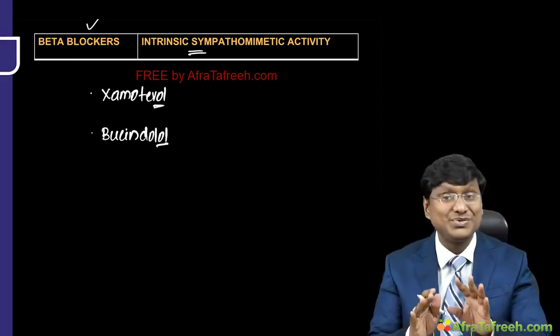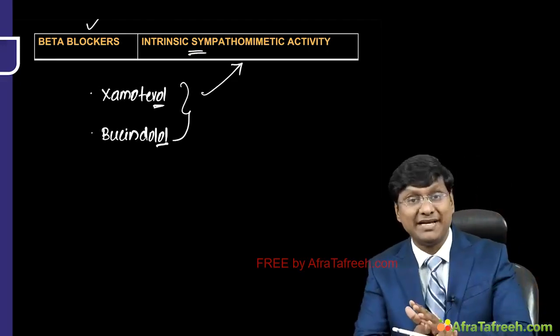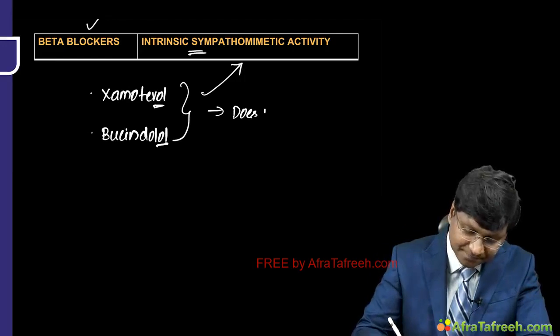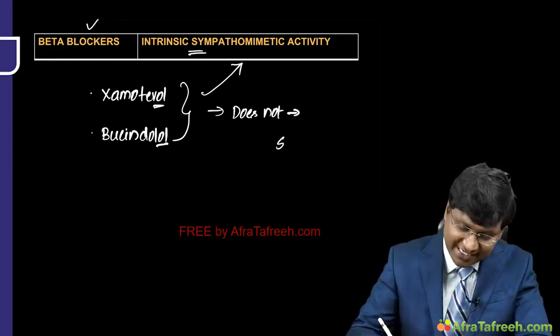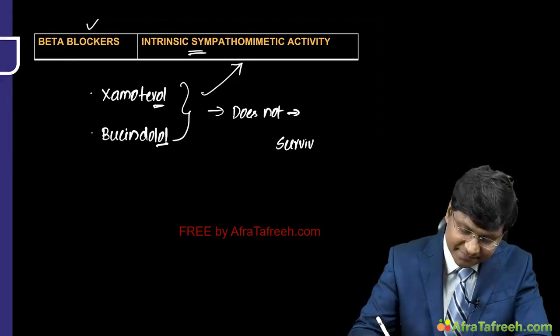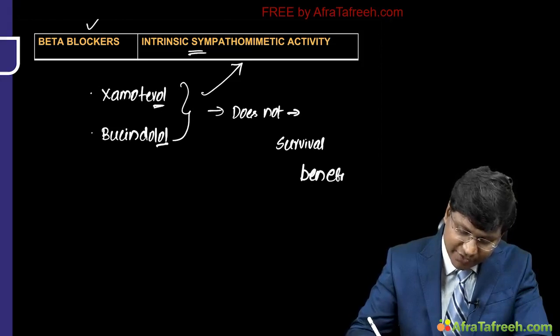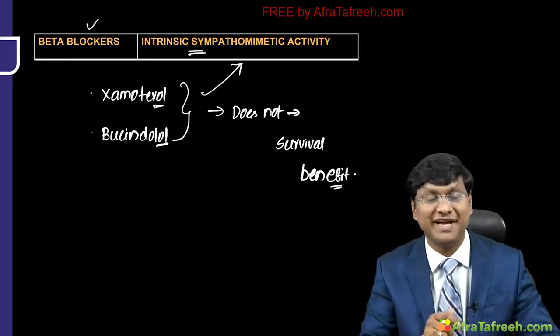So, these two drugs, remember, have intrinsic sympathomimetic activity, and they do not demonstrate the survival benefit. So that is the reason why these two drugs should not be given in heart failure with reduced ejection fraction.